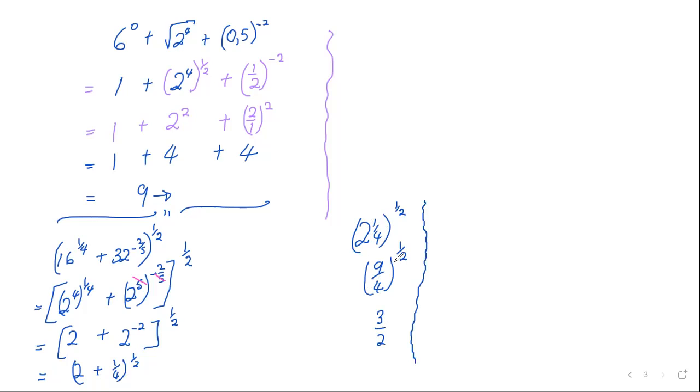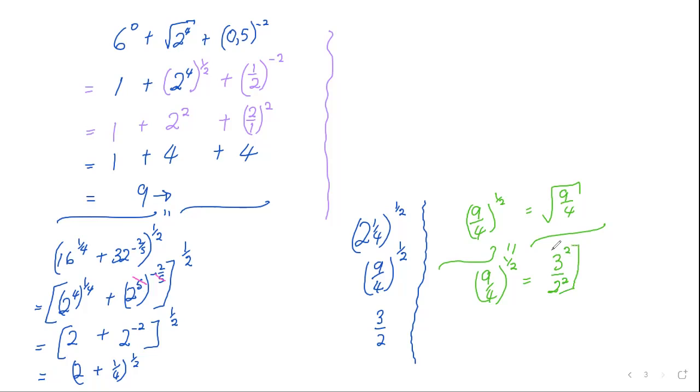Let's see how we arrive at that. We have here 9/4 to the power half, which is the same as the radical sign of 9/4. 9/4 exponent 1/2 is 3 squared, 2 squared, to the power 1/2.